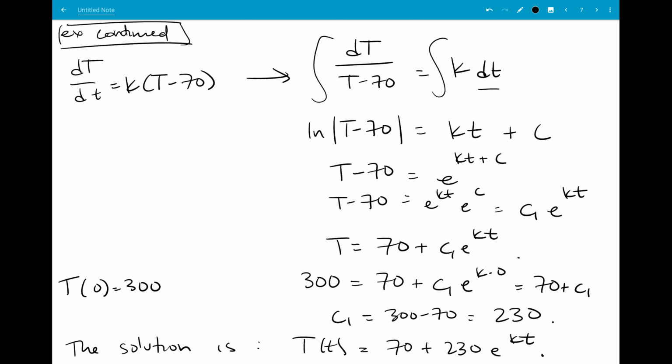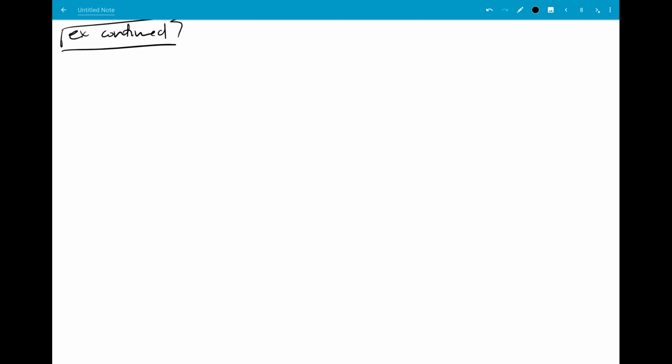The last step to this particular problem is that we have this unknown constant k in here, and we'd like to get rid of it.